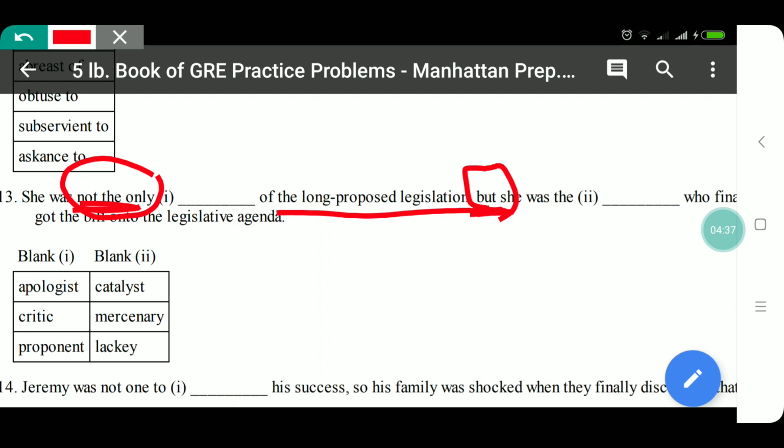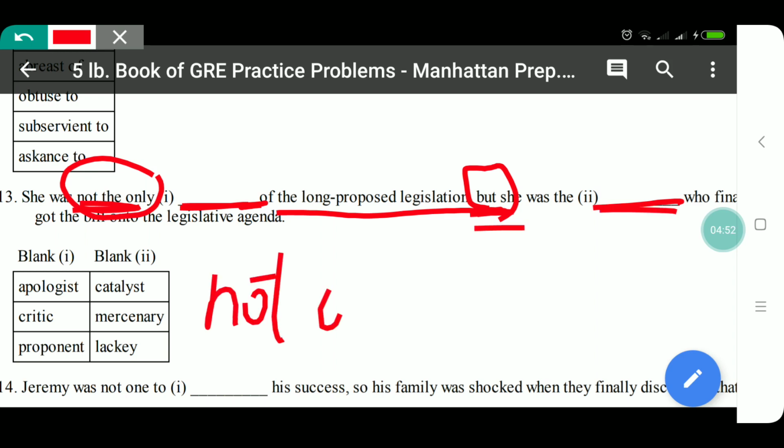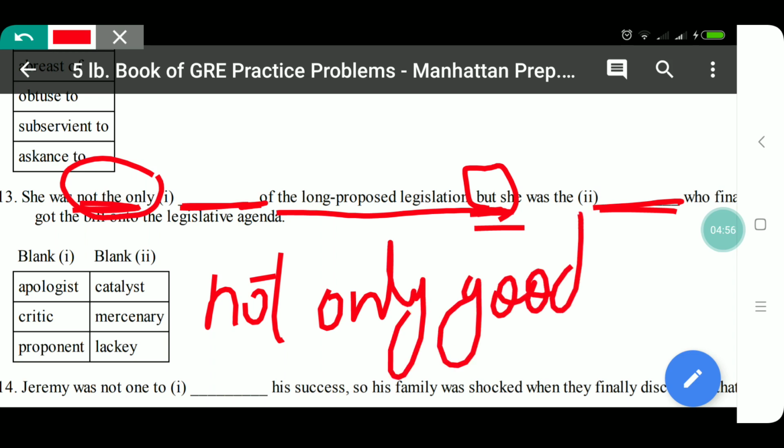Whatever comes after 'not only' will be in alignment with the part after 'but'. For example, he is not only good, but he is kind hearted. He is not only good, but he is rich.